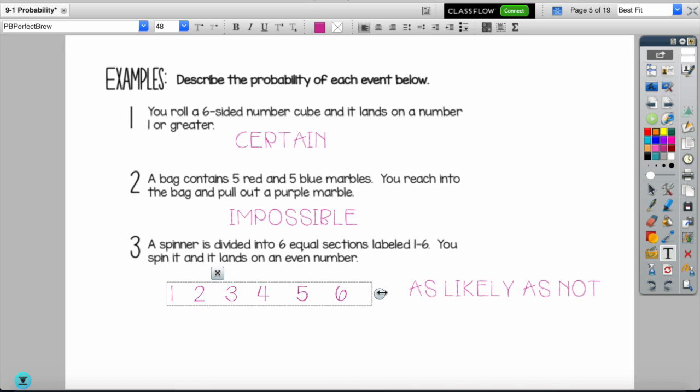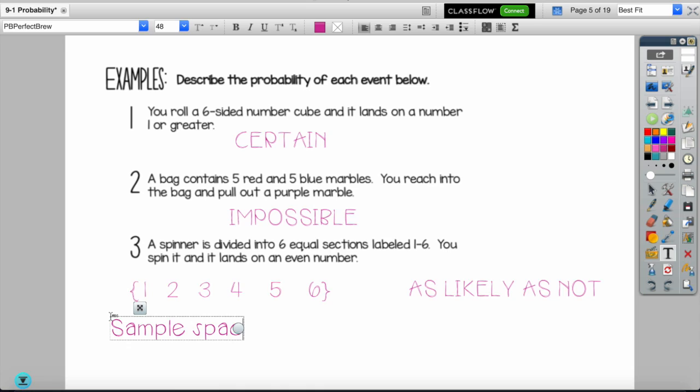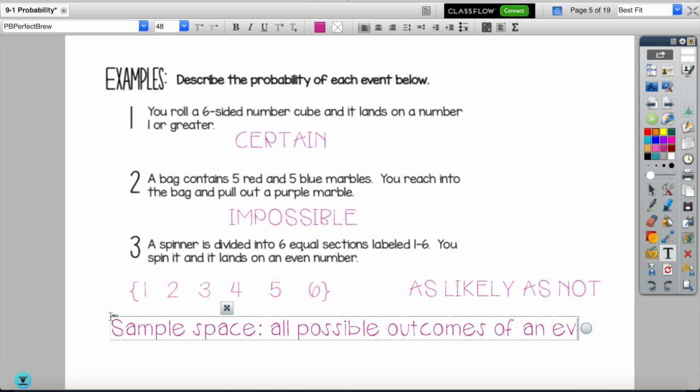Now this, what I've typed in here, is an example of what you call a sample space. A sample space is always written with curly brackets, as you can see there. And basically it represents all the possible outcomes of an event.